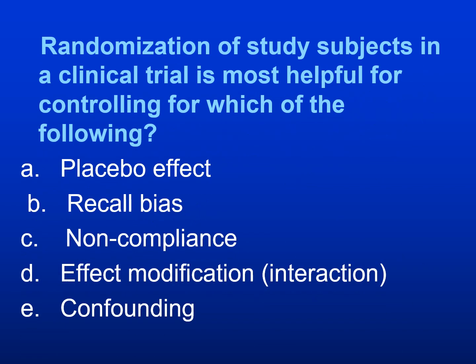Randomization of study subjects in a clinical trial is most helpful for controlling for which of the following: placebo effect, recall bias, non-compliance, effect modification, or confounding? Of course, randomization controls the effect of confounding.